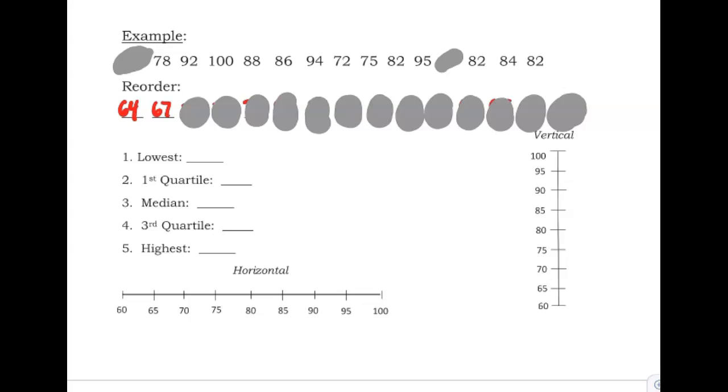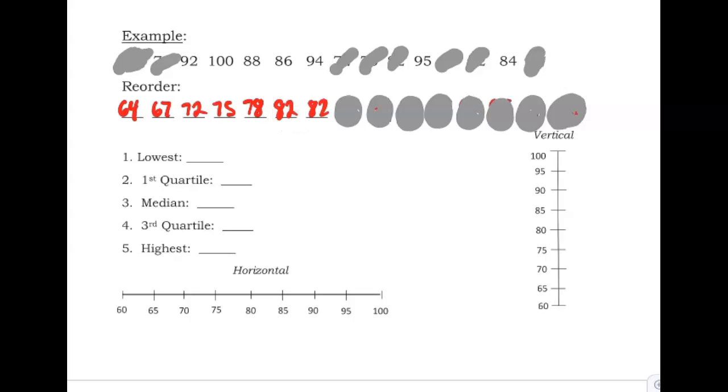So then I'll look at the 70s. And I have a 72, a 75, and a 78. I don't think there's any 70s left, so then I look at the 80s, and I have 3 82s. 1, 2, 3. So 3 82s, and then an 84, an 86, and an 88.